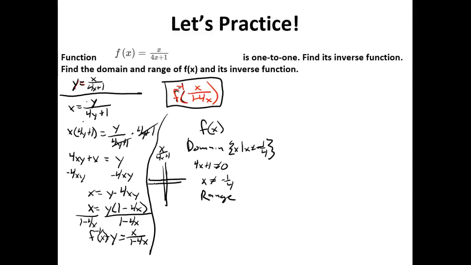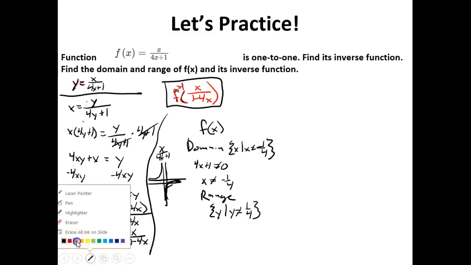And so what's happening here, if I put in, let's say -2, we'd have negative over negative, so positive. This graph is looking something like this. The range, the only thing that it can't hit is that horizontal asymptote. So the range is a set of all y's such that y is not 1/4.